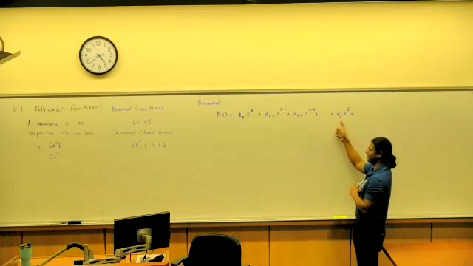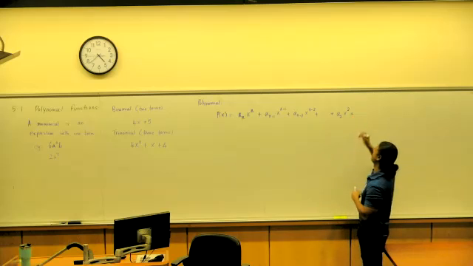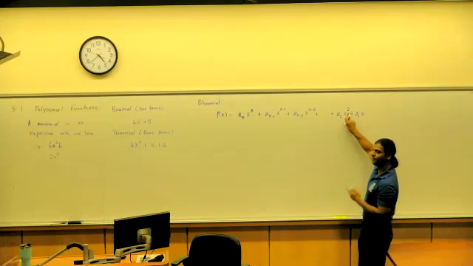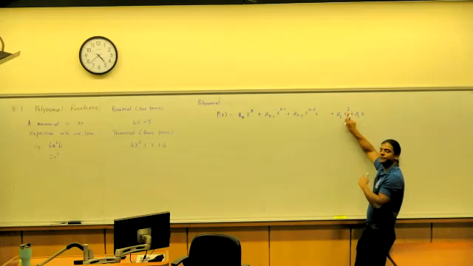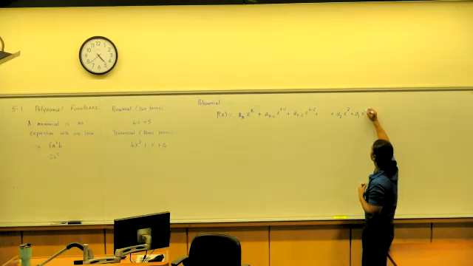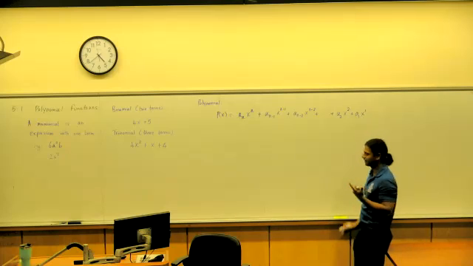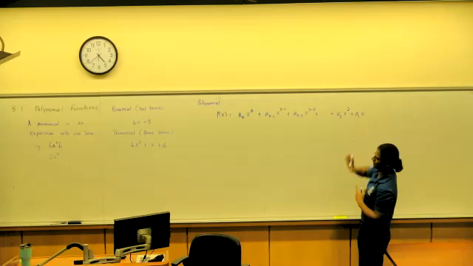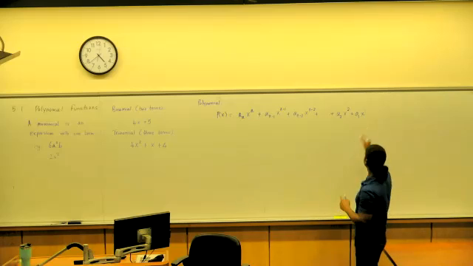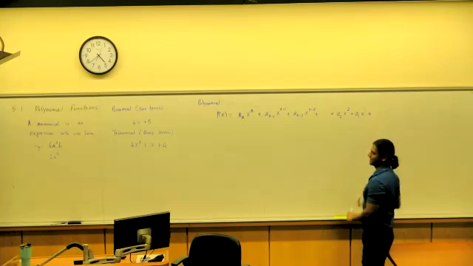So I have a2. What should the next one be? A1. A1 x raised 2 decreased by 1. 2 minus 1 is just 1. But x raised 1 is x. So we don't have to specify that one. What about the next term?